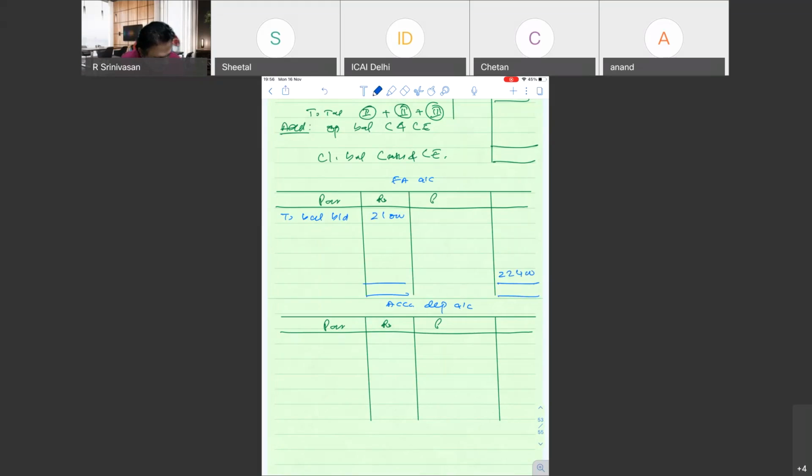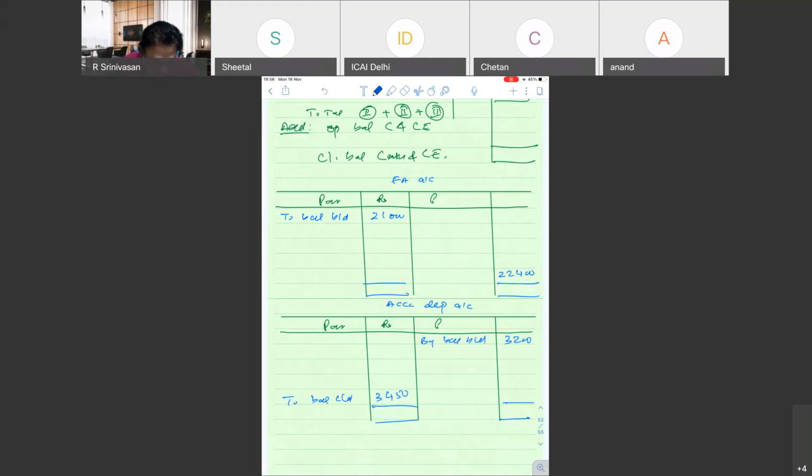Then accumulated depreciation is 3,200 and 3,450. By balance brought down, to balance carried down.